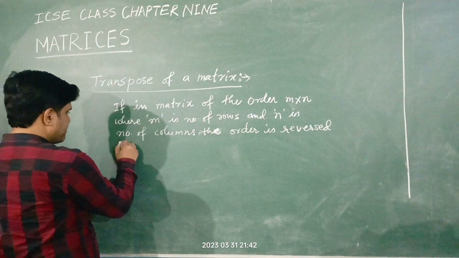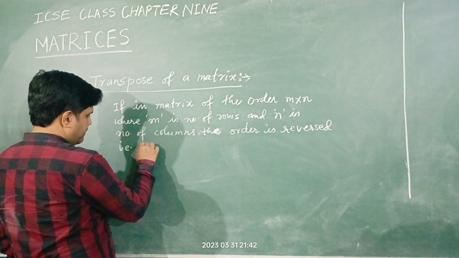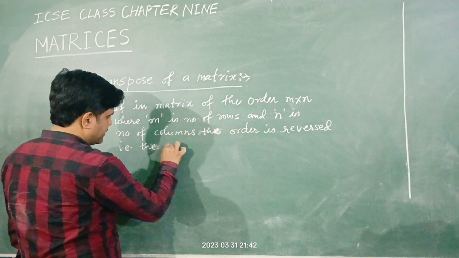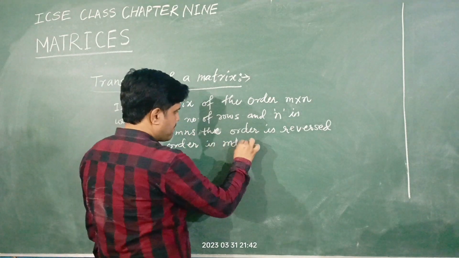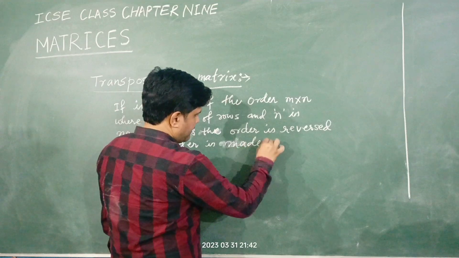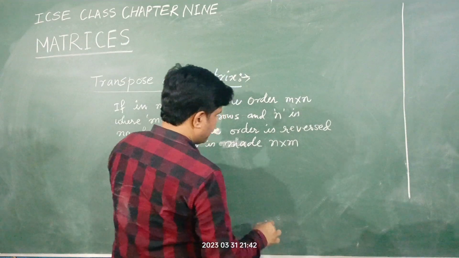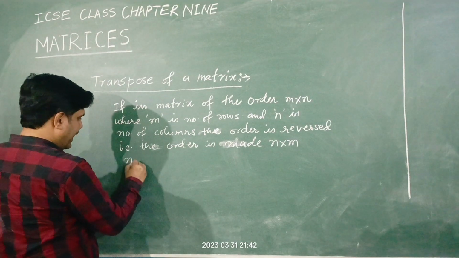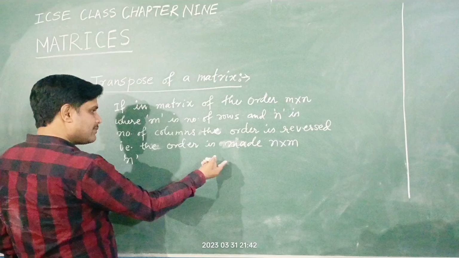That is, the order is made n cross m. What happens then? n, which was actually the number of columns, becomes the number of rows.